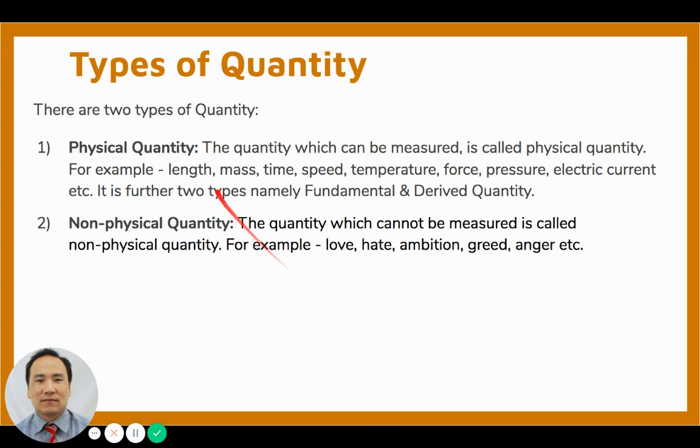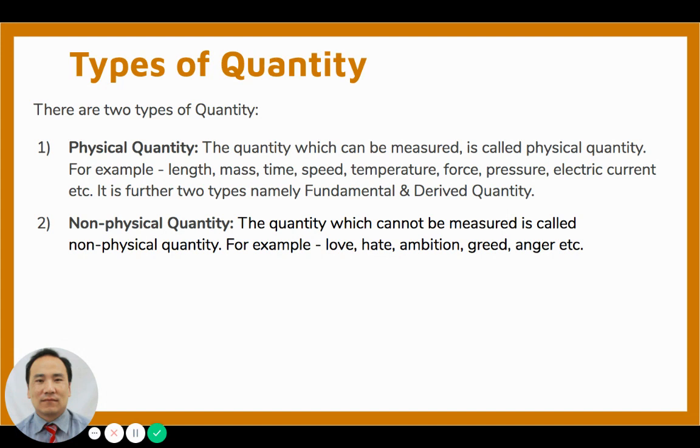Types of quantity. There are two types of quantity: physical quantity and non-physical quantity. Whatever quantity that you see around, if we can measure it, then it is called physical quantity. Example, like a stone. We can measure the mass of a stone. We can measure the volume of a stone. We can measure density of a stone.